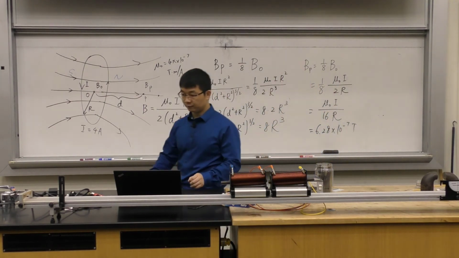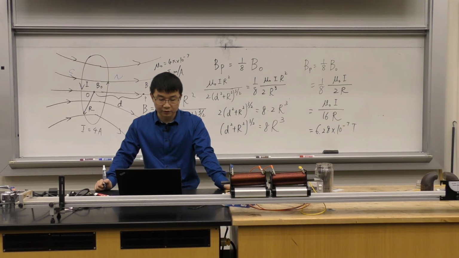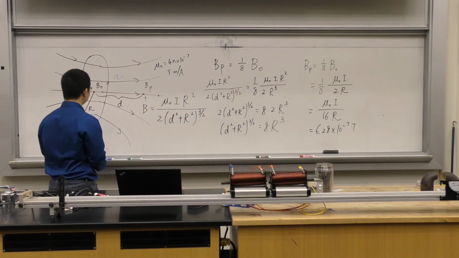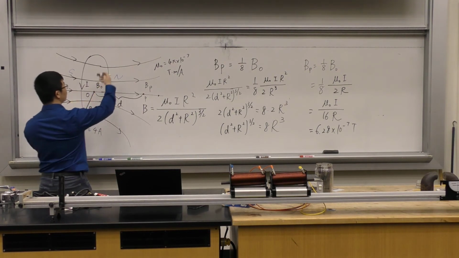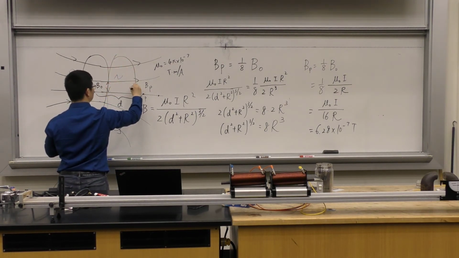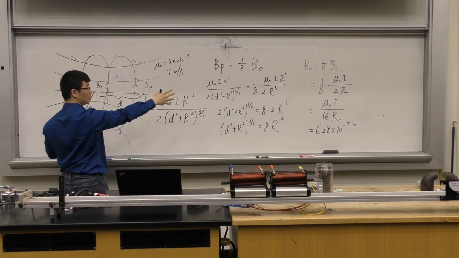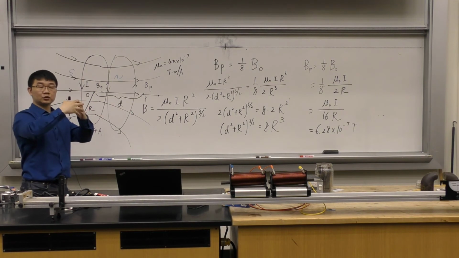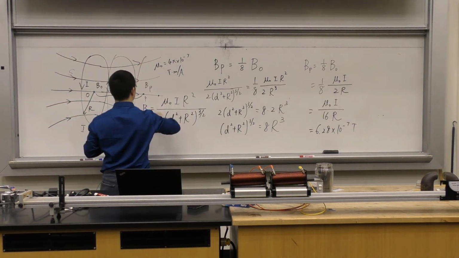But there is a smarter way to make a significant magnetic field using this theory. What if I place another loop parallel to it, with the same direction of current like this? This one is going to create a magnetic field also in the same direction, so these two magnetic fields are going to add. What if I place a third one?